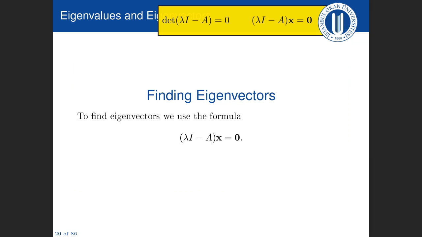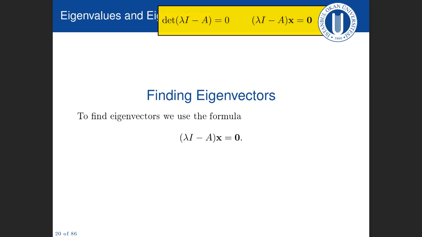If we want to find the eigenvectors, then we're going to be using the formula (lambda I minus A) x is equal to 0. First, we'll find the eigenvalues, and then after we find the eigenvalues, we will use this formula to find the eigenvectors. So we have two formulae, which I've now put in the yellow box at the top.